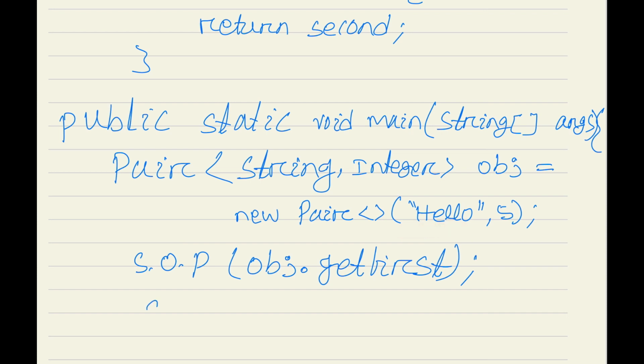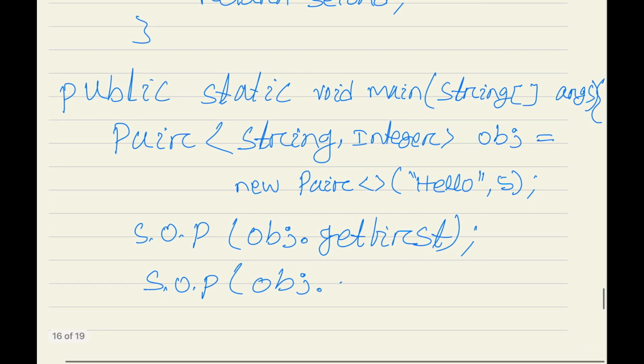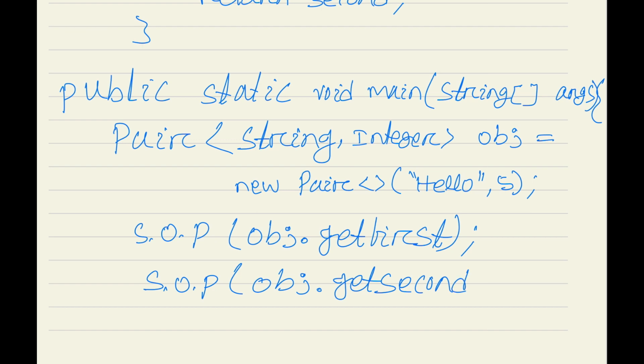Similarly we can write System.out.println obj.getSecond. So here we need to write the parenthesis after the method, because getSecond is a method and always parenthesis is required after the method, otherwise it is going to throw an error.